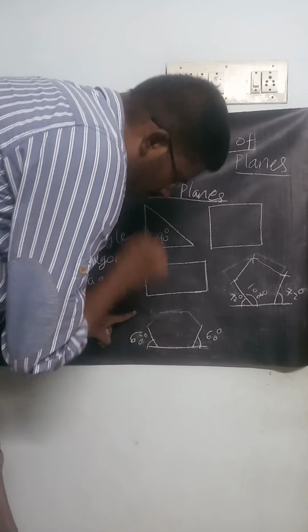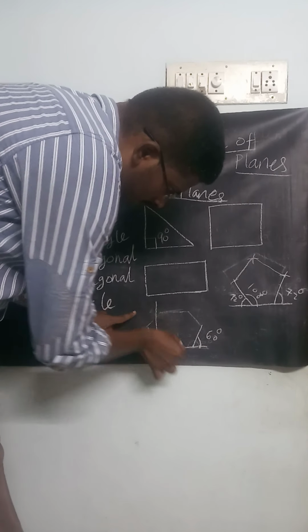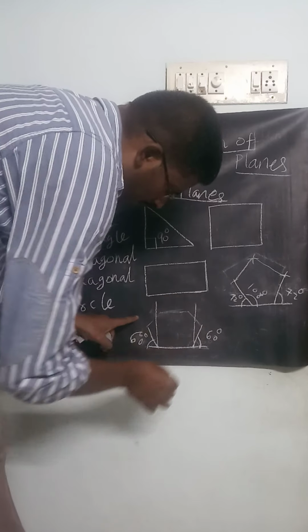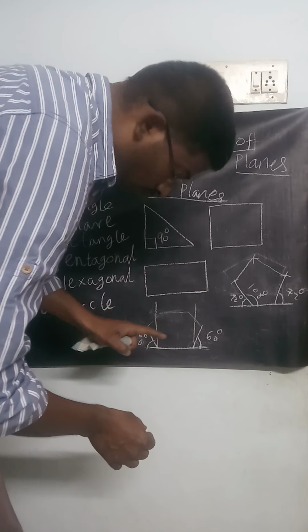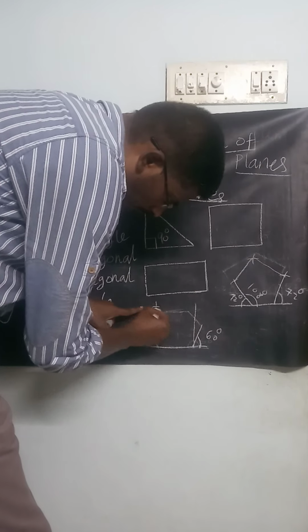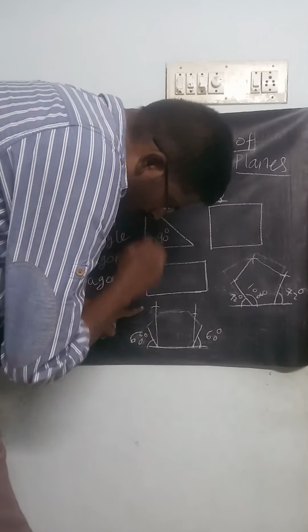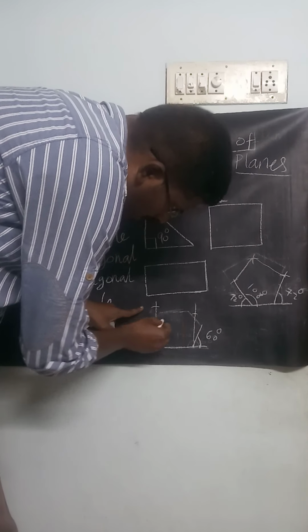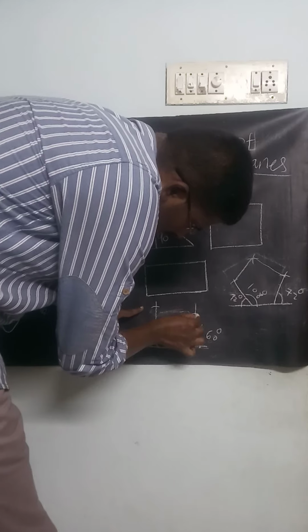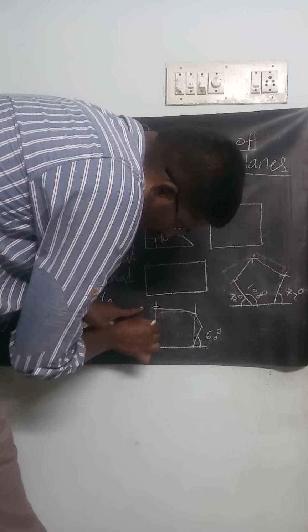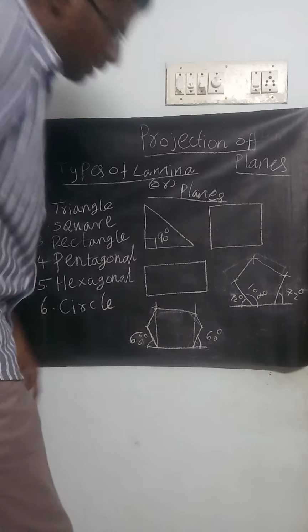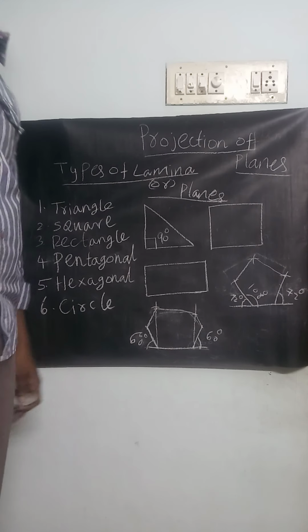Okay. Draw parallel lines. Sorry, perpendicular. Whatever the given length, whatever the side, you cut the arc. Join the lines. That's all. Okay. Sorry, this is your hexagonal shape.